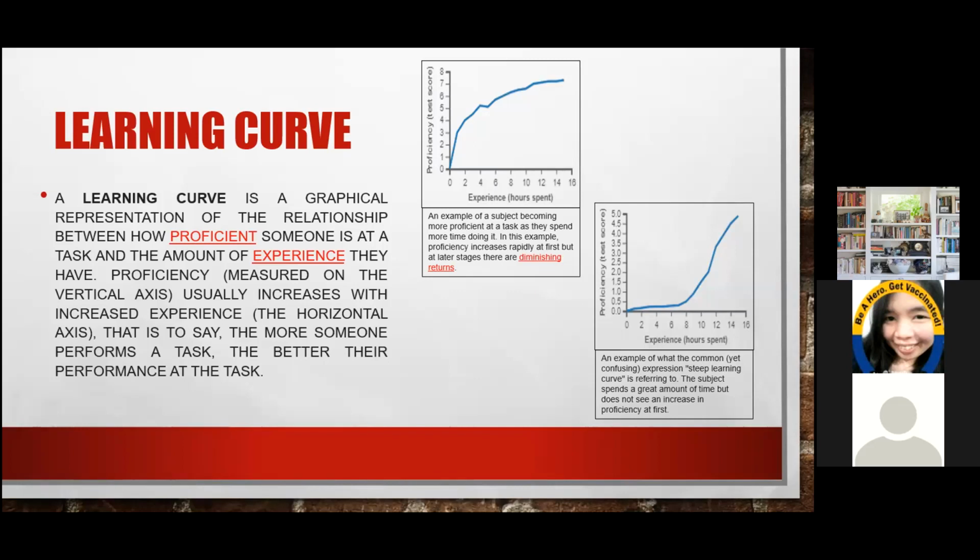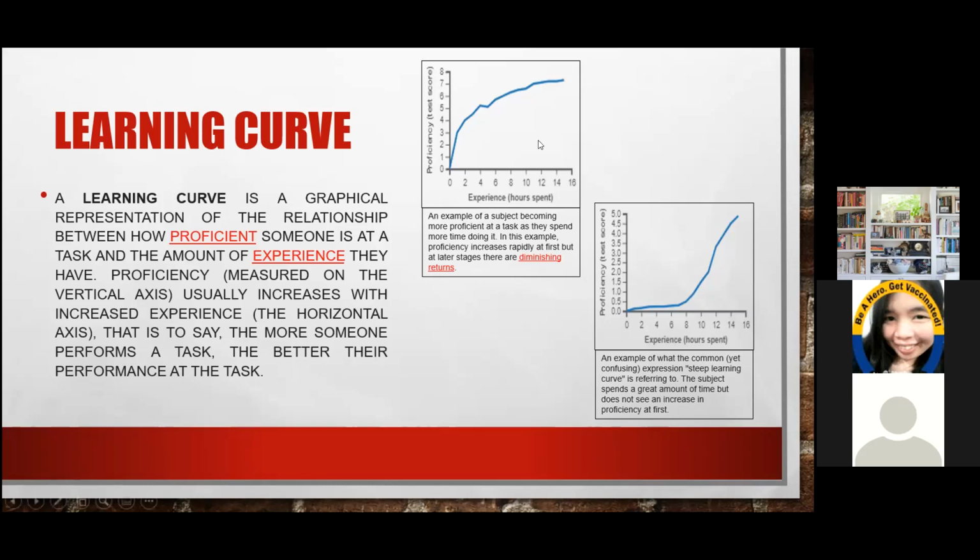Learning curve is a graphical representation of relationship between how proficient someone is at a task and the amount of experience they have. Proficiency measured on the vertical axis usually increases with increased experience. The horizontal axis, that is to say, the more someone performs a task, the better their performance at the task.